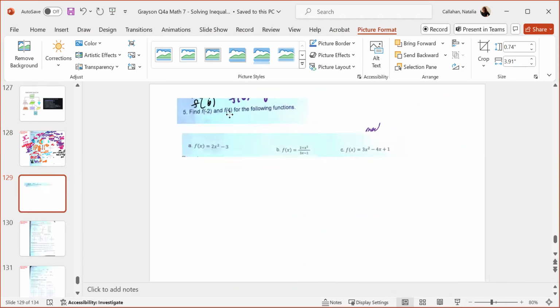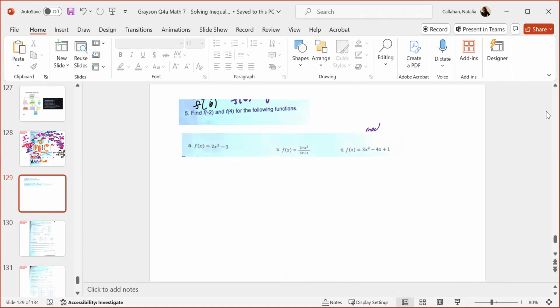Okay. So f of -2, right? When it's f of x, you see the function is 2x squared minus 3. If you replace x with -2, that means anytime you see an x here, you replace it with a -2. So 2 times -2 squared minus 3. Now solve that, or simplify it, please.